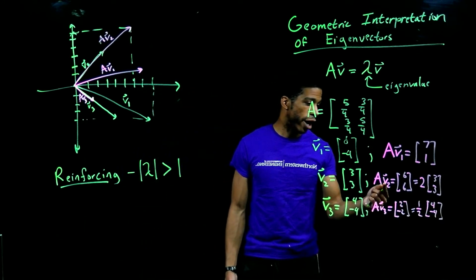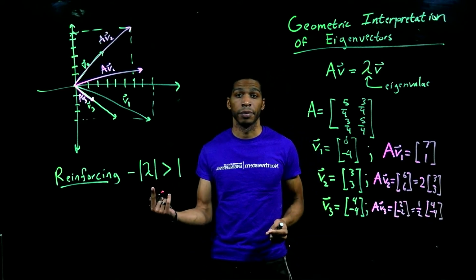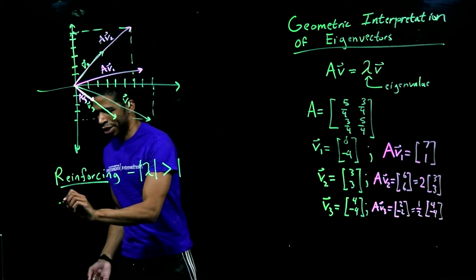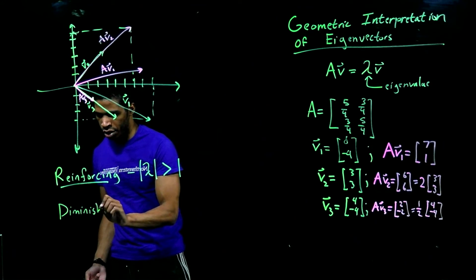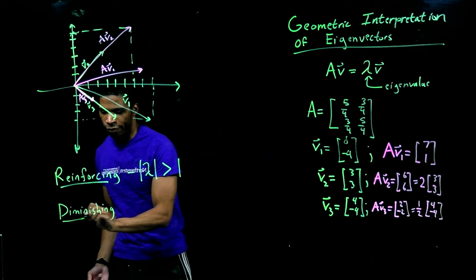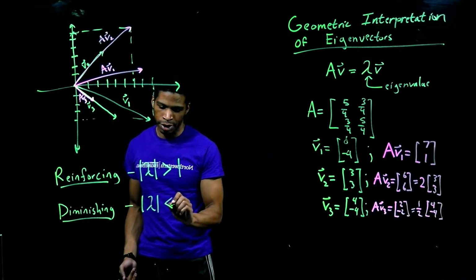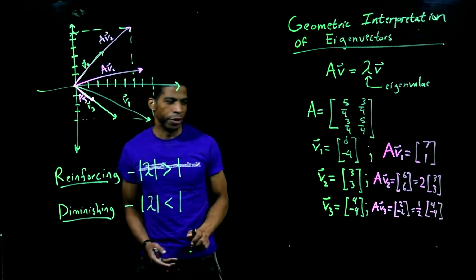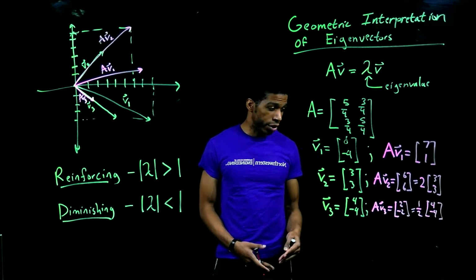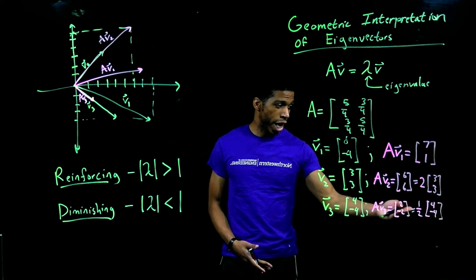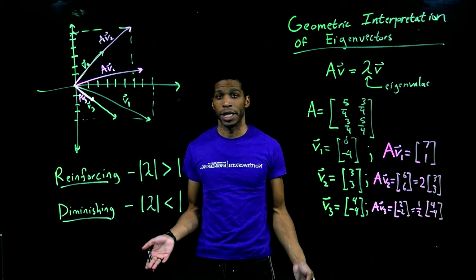You can see that V2 has an eigenvalue of 2, surely greater than 1. And there are diminishing eigenvectors, where the eigenvalue has a magnitude less than 1. And you can see here that V3 has an eigenvalue of 1/2, which in magnitude is less than 1.